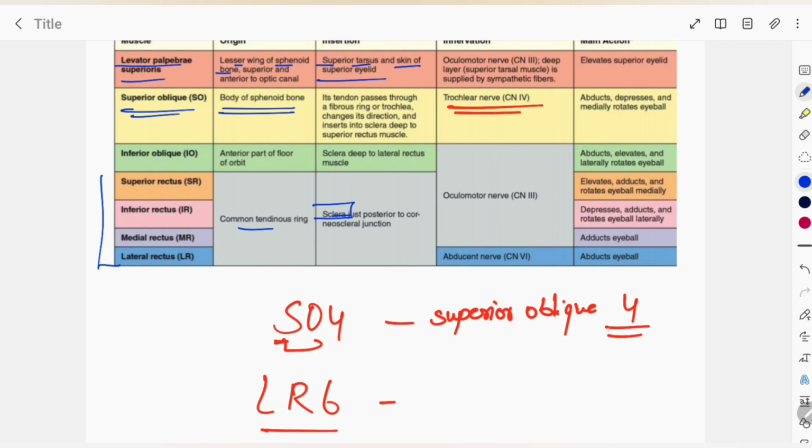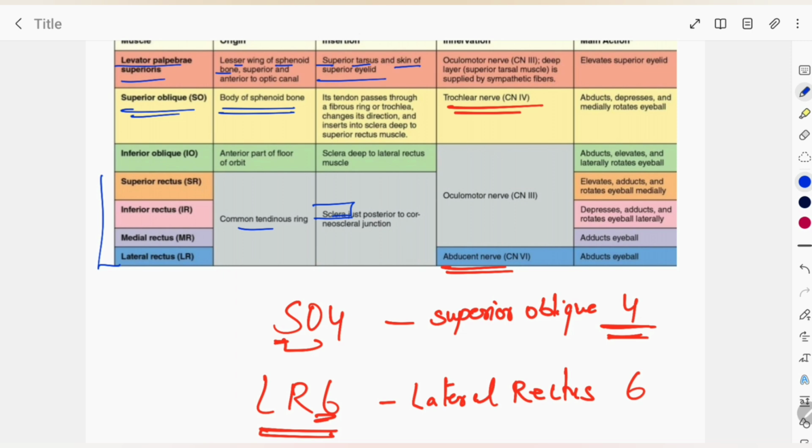So the trochlear nerve supplies the superior oblique. LR is our lateral rectus, which is supplied by cranial nerve number 6, the abducens nerve.